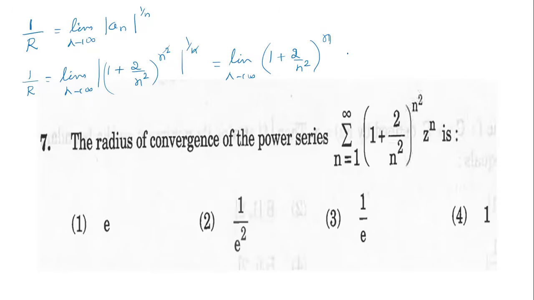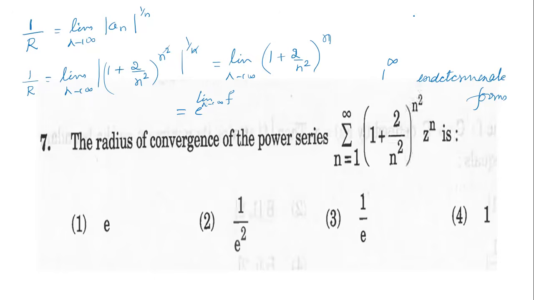Again, this is 1 raised to infinity, an indeterminate form. Now apply the formula for indeterminate form. Limit n tends to infinity, f of x into g of x.